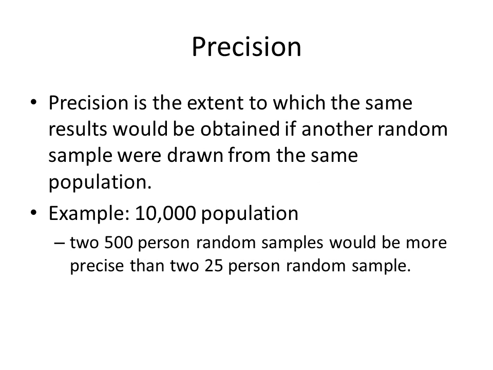When we're talking about precision, statisticians define precision as the extent to which the same results would be obtained if another random sample were drawn from the same population. So the basic way to increase precision is to increase your sample size.